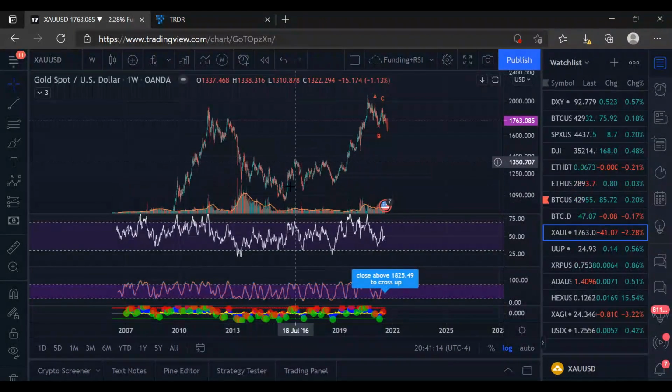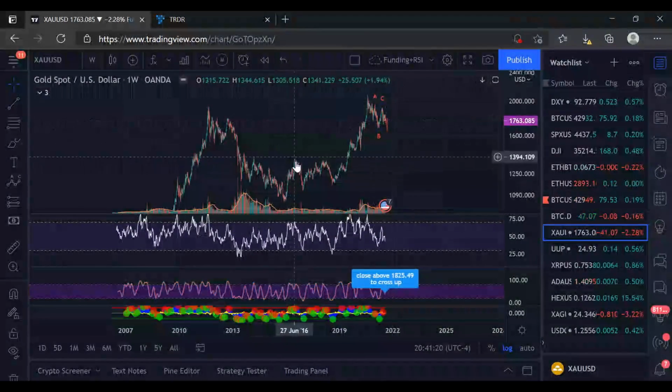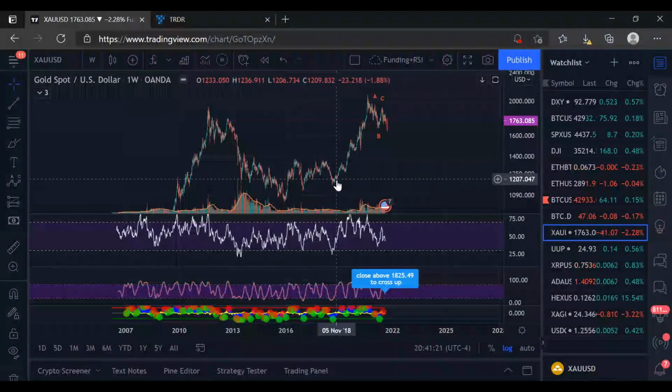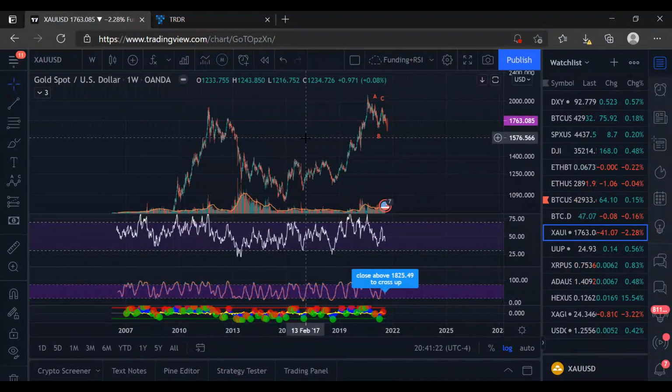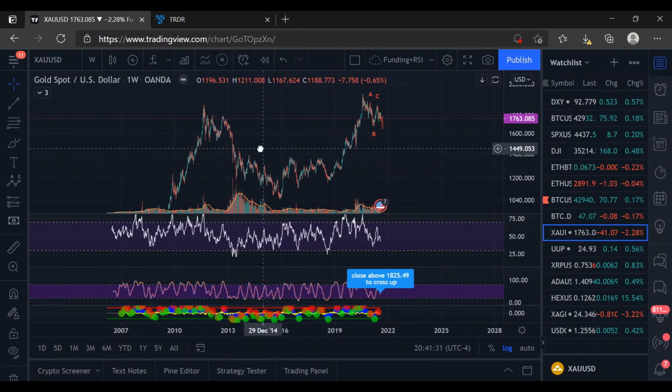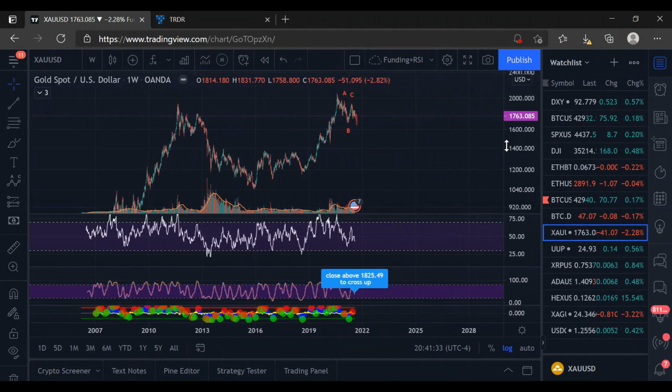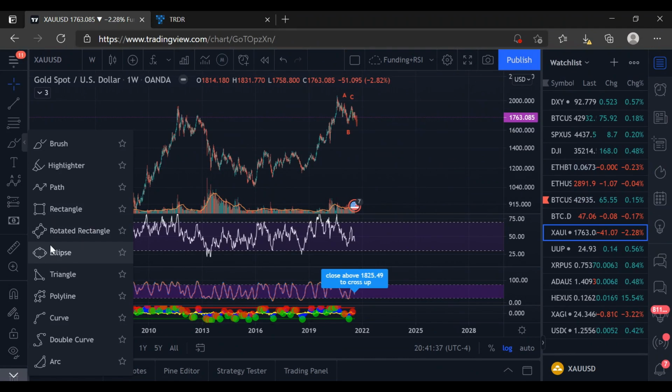Dude, are we playing this? Is this what it's doing right now? Maybe it's repeating this thing. That was 2016. Yeah, that's two years of just sideways. So that's the same concept with the Wyckoff.